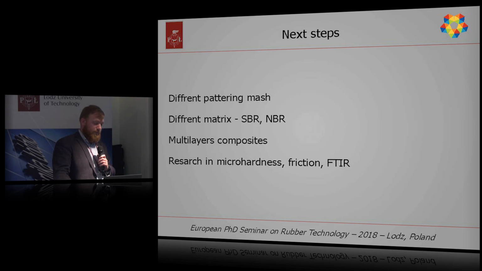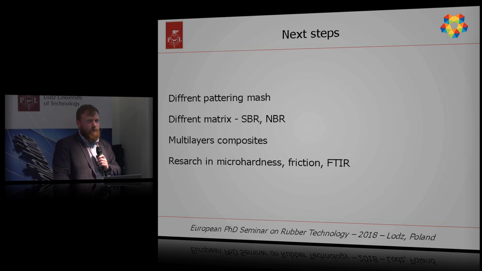And the last thing, in next steps, I will try different patterning meshes, because here I have square meshes, and I can make stripe or hexagonal, for example. Check different matrices, SBR and NBR, of which the second is now in progress.